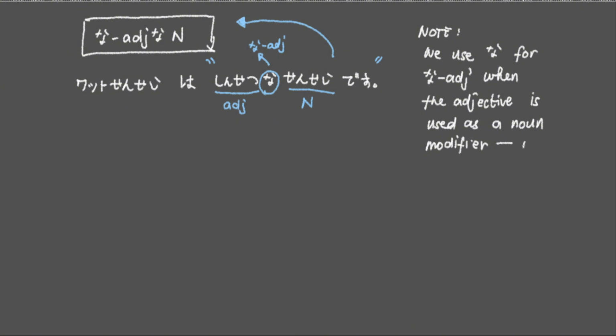Essentially, if it is followed by a noun. Now you can see here, shinsetsu is followed by sensei, which is a noun, which means we use na.